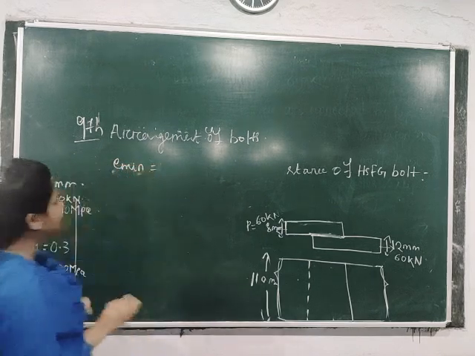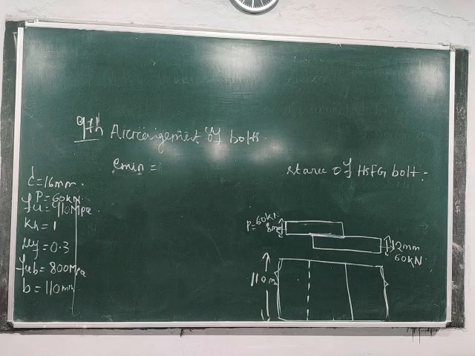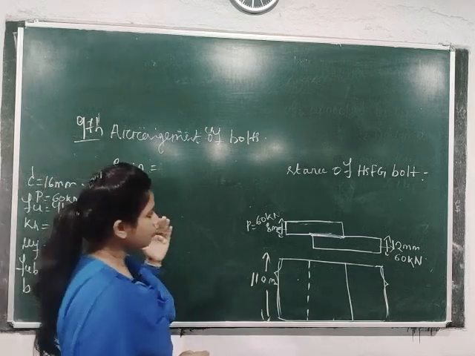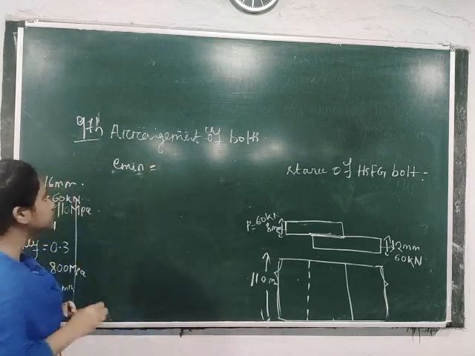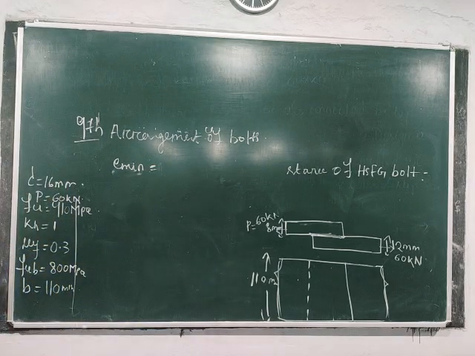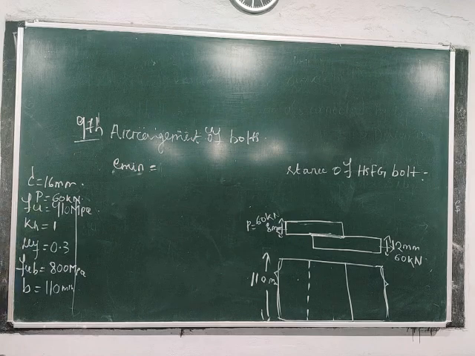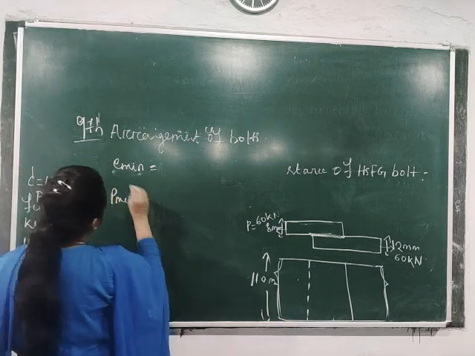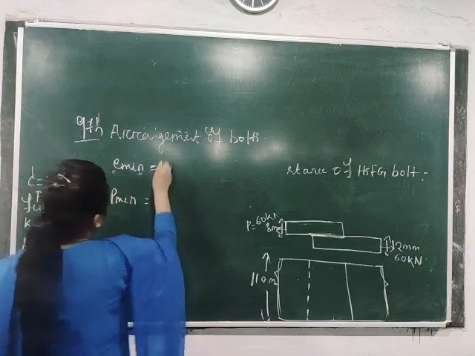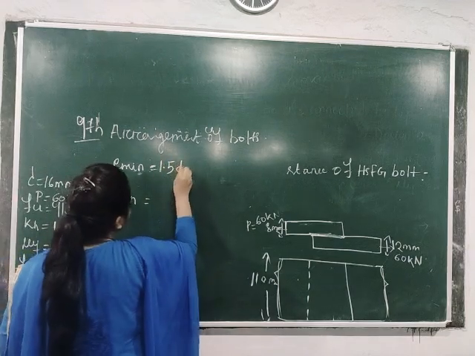To arrange the bolts in a convenient way, we require the end distance and the pitch distance. So before assuming the end distance and pitch distance, just calculate the minimum end distance and the minimum pitch distance. The minimum end distance can be calculated by 1.5 into d nut.